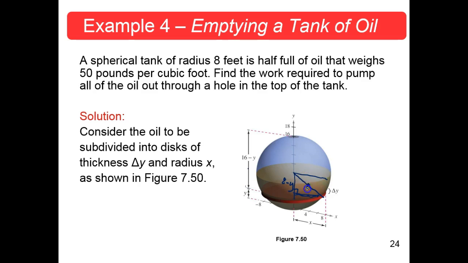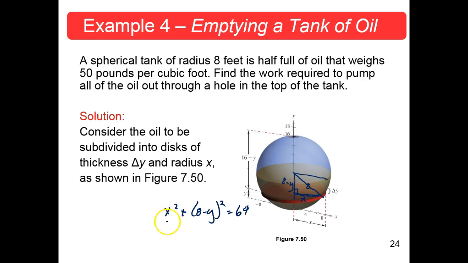This is 8, and this is your x here. So we know that, let's try the Pythagorean theorem here and do x squared plus 8 minus y squared is equal to 64. Would that be true?